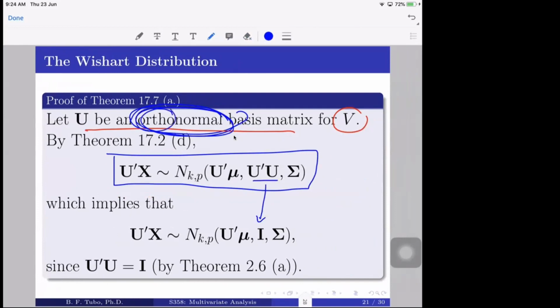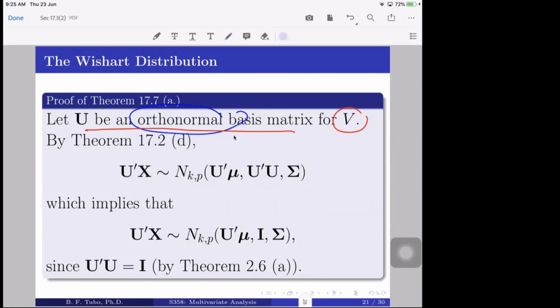Ortho means the inner product of dissimilar terms is 0. Normal means when you get the inner product of two similar ones, it is equal to 1. So what will happen to this? All the entries in the diagonal will be 1 and the off-diagonal will be 0. Okay, so that will be identity and then sigma. Do you follow? Is this okay? Yes, ma'am. Okay.